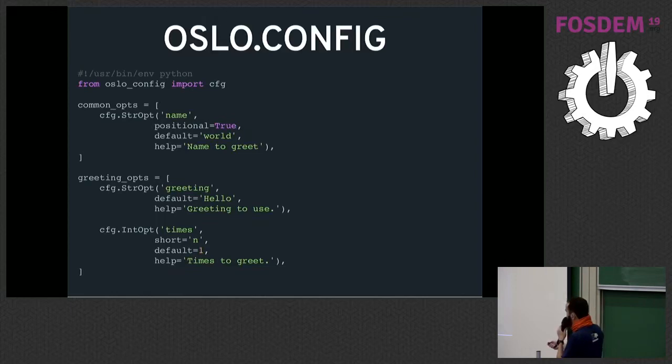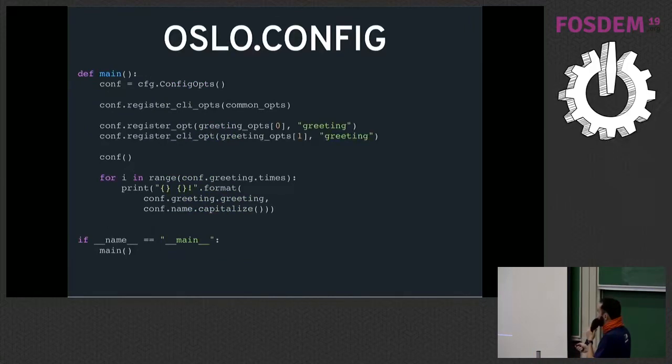And the greeting, the default is hello, is the greeting to be used. I can change the greeting to hi and say hi world, or change it to another language. I also added another option, times, which is how many times I will repeat the greeting. So if I say times equal 5, it will say hello world five times.